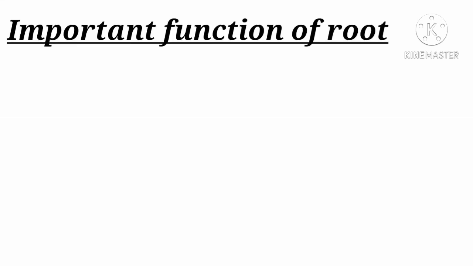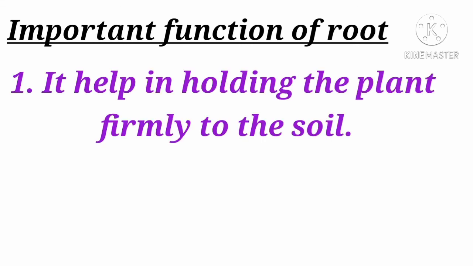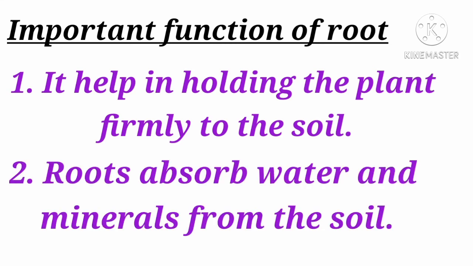So, one of the important functions of the root is that it helps in holding the plant firmly to the soil. Another important function is that roots absorb water and minerals from the soil. Okay, children.